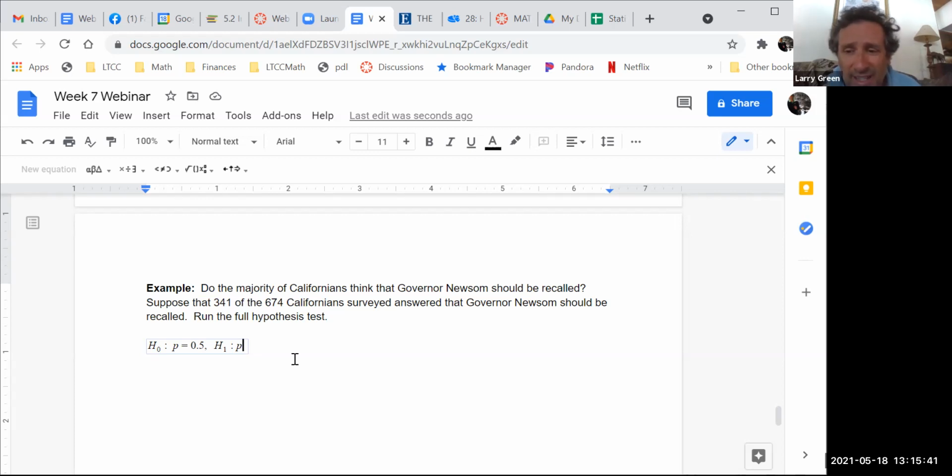So is it less than, greater than, or not equal to? You can put in the chat box or you can say it. Yeah, this one's a greater than. Majority means more than 50%. So that's greater than 0.5. Very important you get the inequality right. Very important you get the letter right. And you get the 0.5 right.